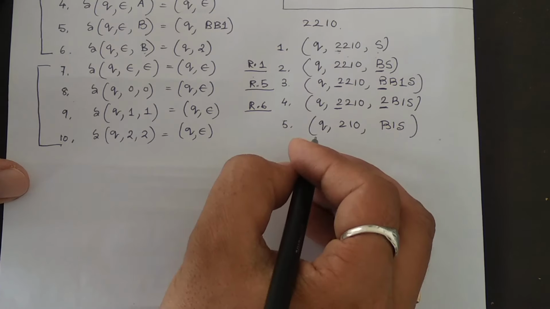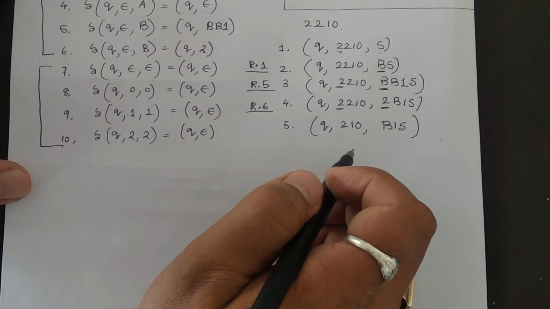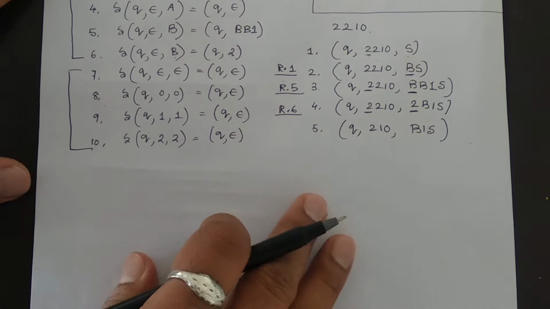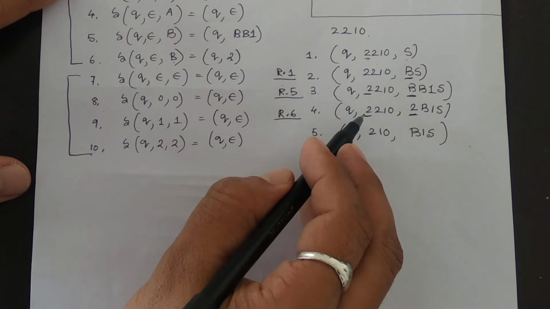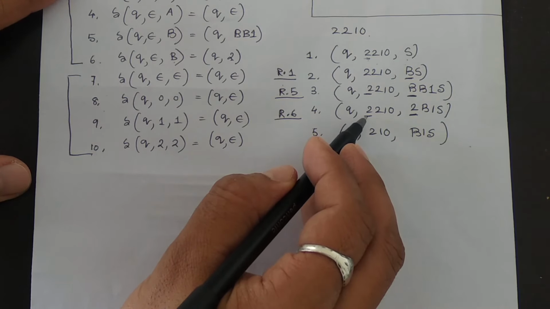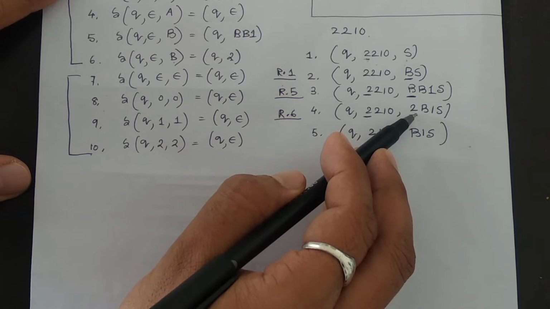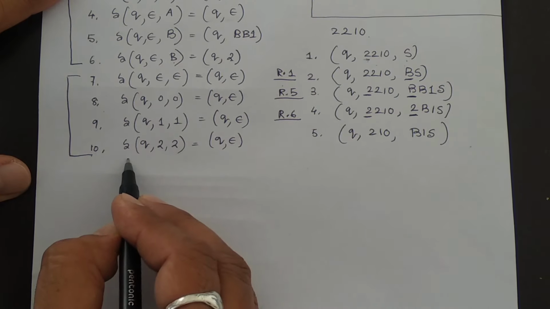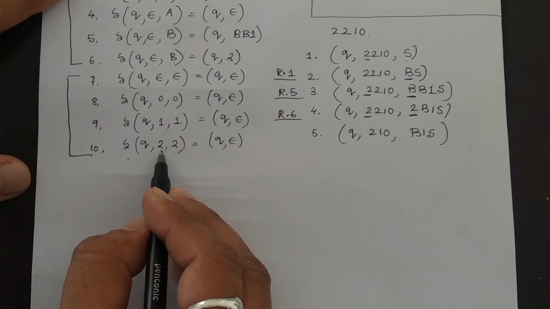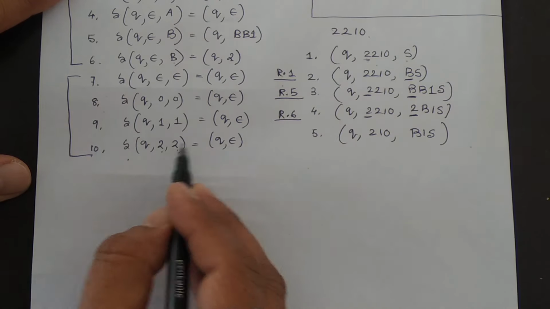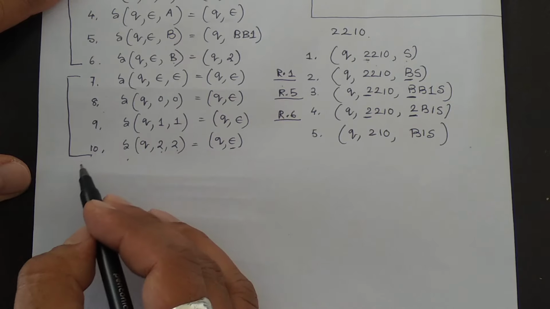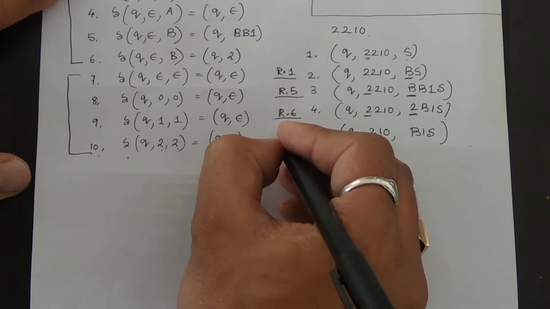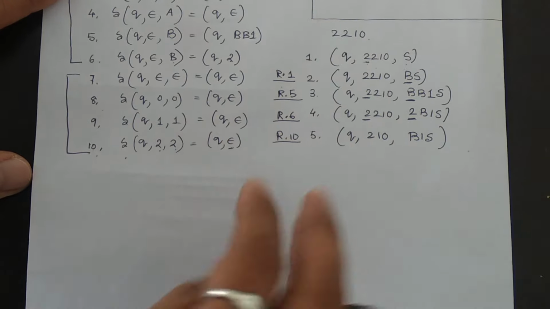Now for this process you can write down the rule number. Because on input symbol 2 and top of the stack 2, you are doing the pop operation, which rule are you following? Rule number 10. So you can write it down here, rule number 10. Clear?